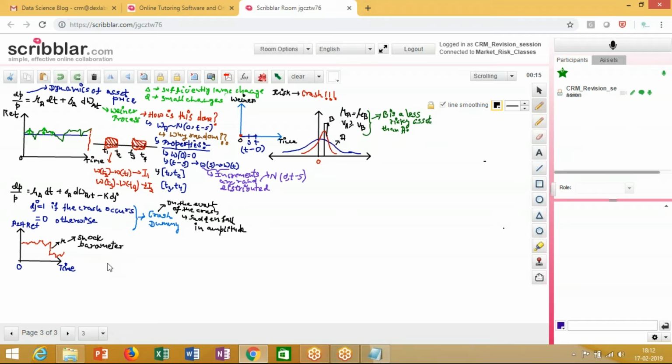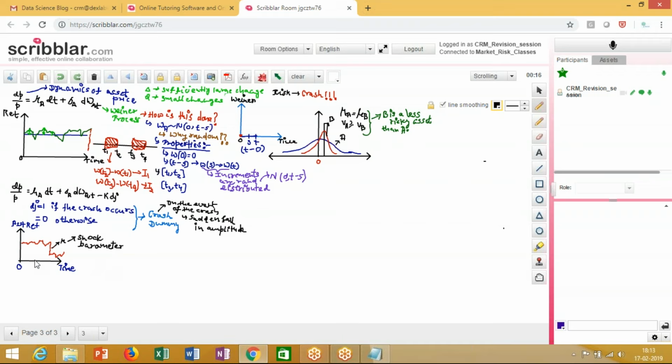The first is that if the shock happens over here, you see that this value falls. So what I have over here is a shock parameter.